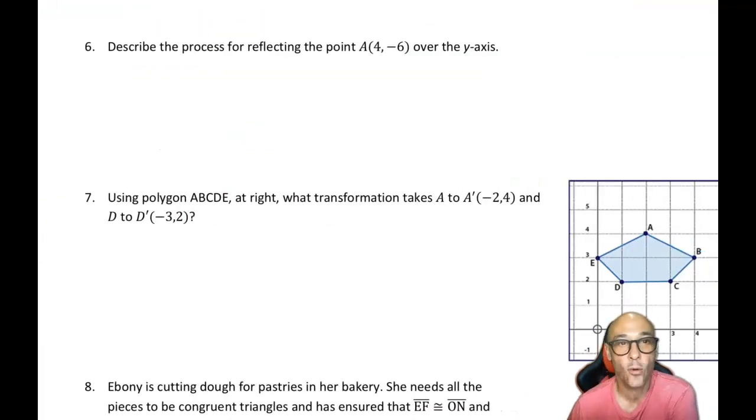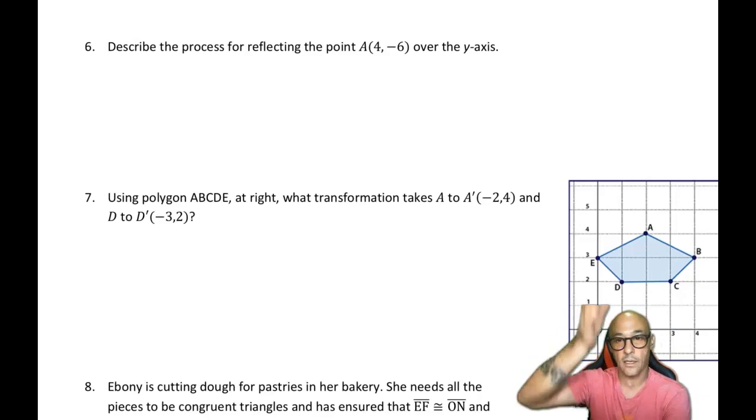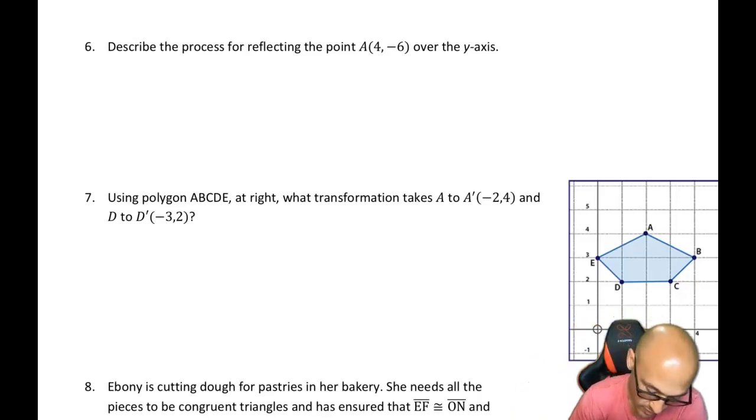Describe the process for reflecting the point 4, -6 over the y-axis. So one way to think about this process is over the y-axis, we count however many units. Maybe it'll be useful to draw it in here. 4, -6 is going to be down here.